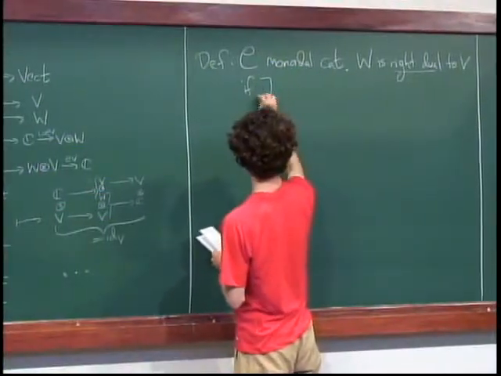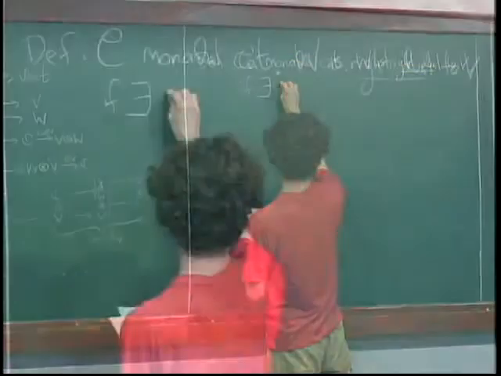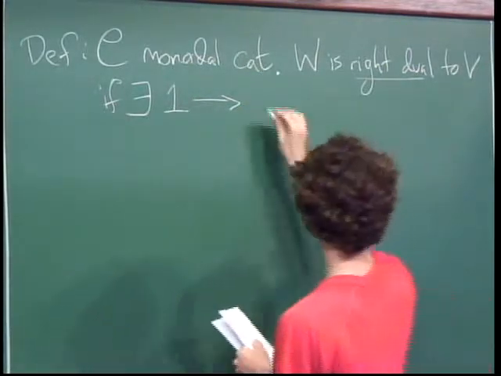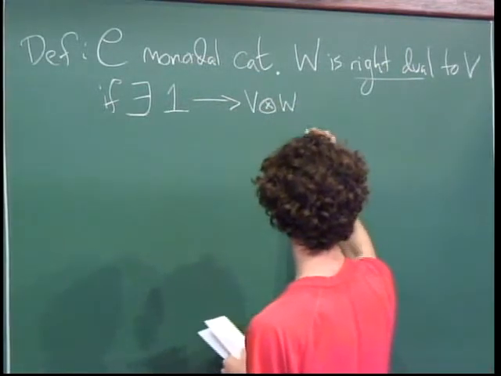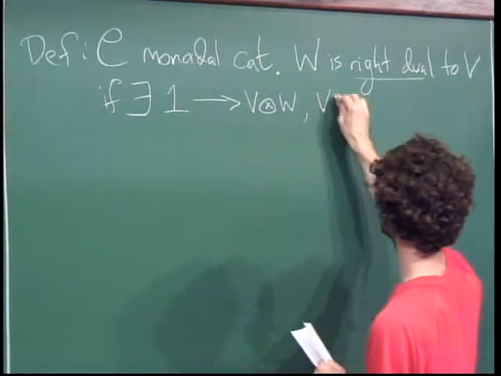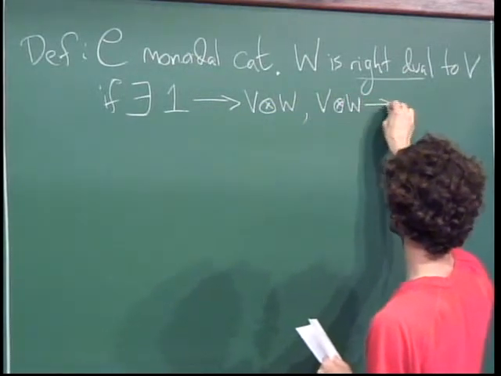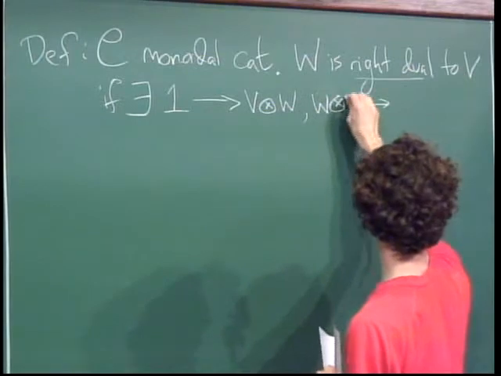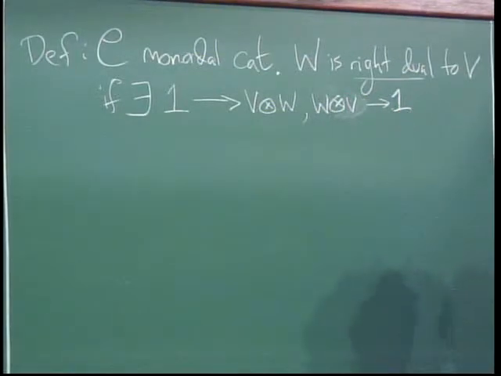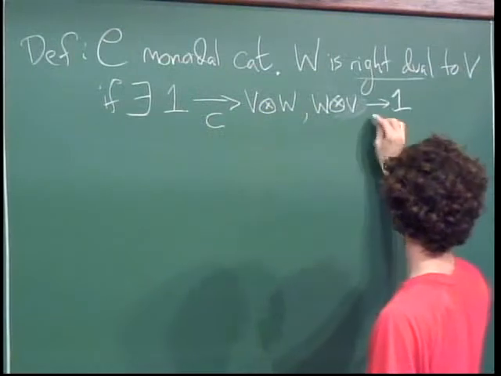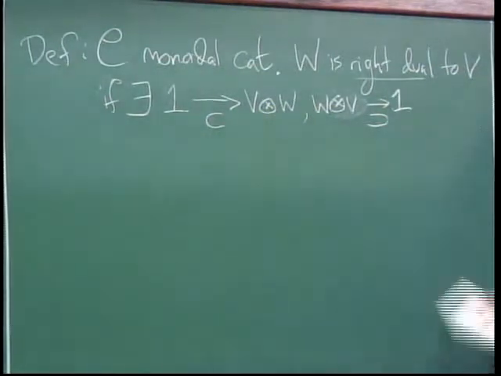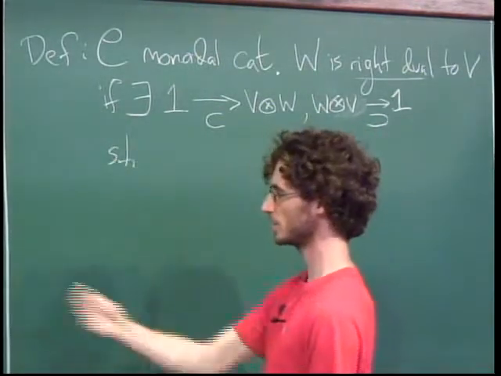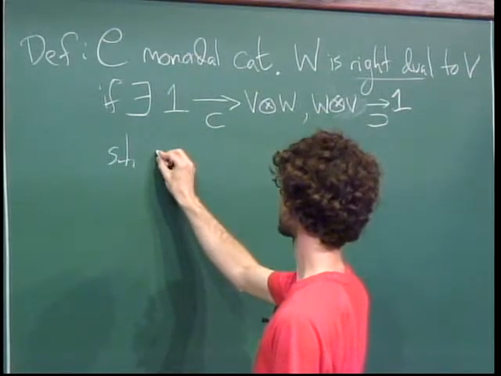So if there exists a map from the unit of the category 1 to V tensor W, and a map from V tensor W, oops, sorry, I got one of those backwards, a map from W tensor V to the unit, which I might draw suggestively with these Bordisms, such that these two zigzag equations hold algebraically.